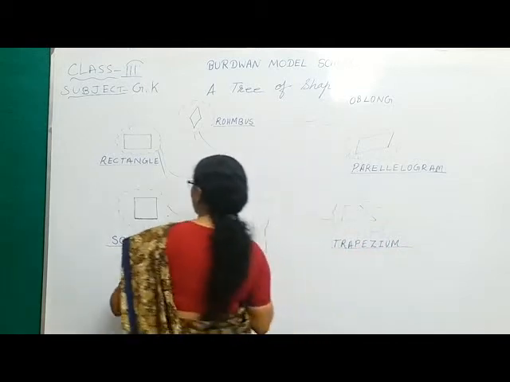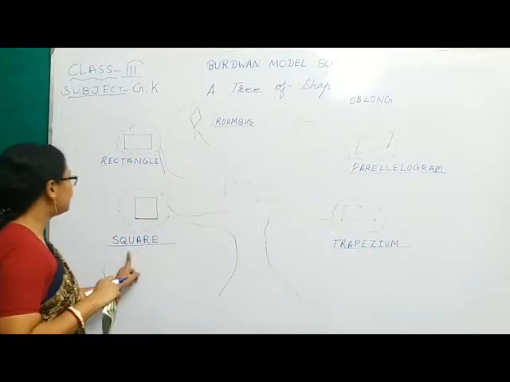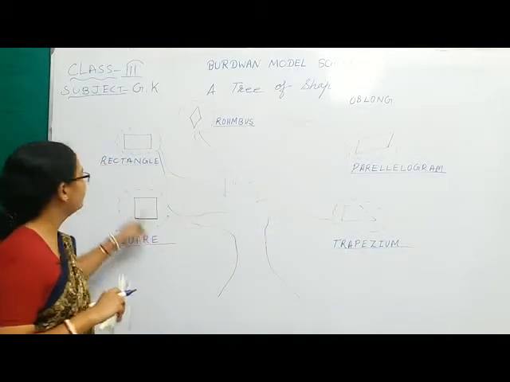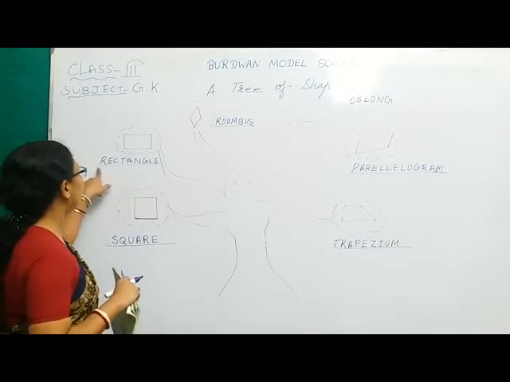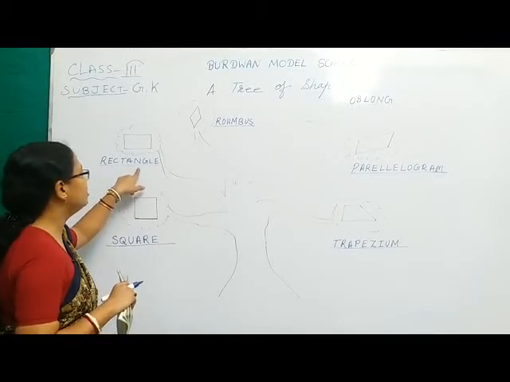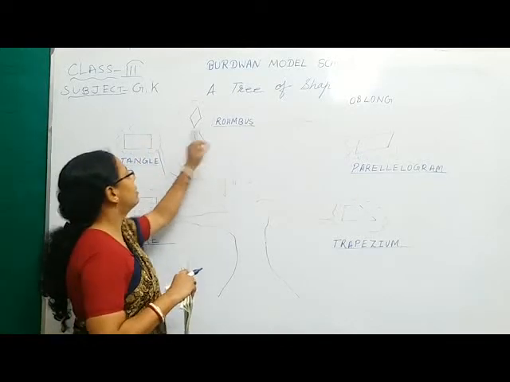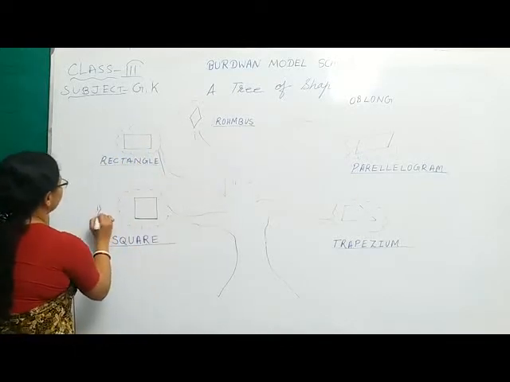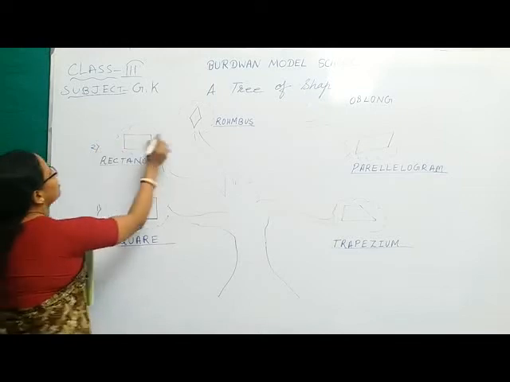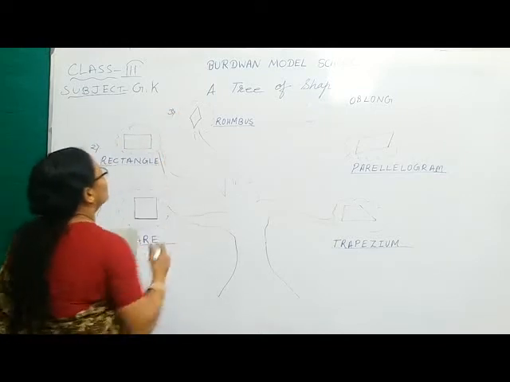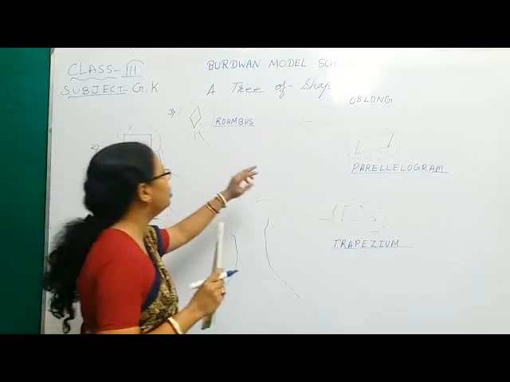So the first one is square, S-Q-U-A-R-E. Second, rectangle, R-E-C-T-A-N-G-L-E, rectangle. Third one, rhombus, R-H-O-M-B-U-S.